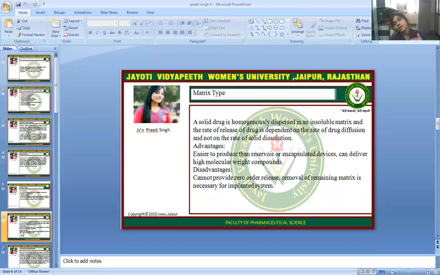Now we come to the next topic, the matrix type. What is the matrix type? A solid drug is homogeneously dispersed in an insoluble matrix. Firstly, we prepare the insoluble matrix and homogeneously disperse the solid drug in it. The rate of drug release is dependent on the rate of drug diffusion and not on the rate of solid dissolution.